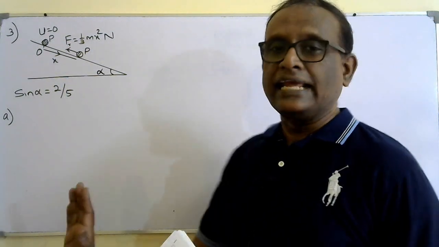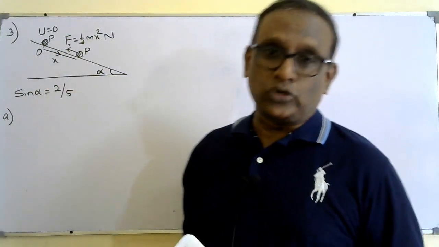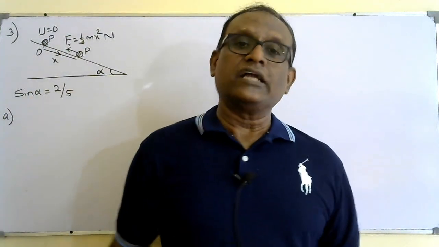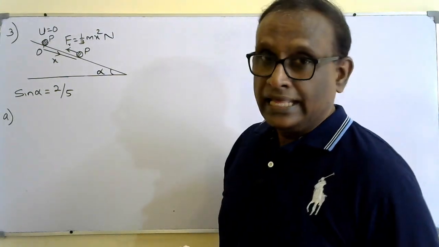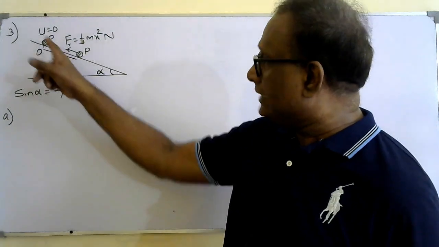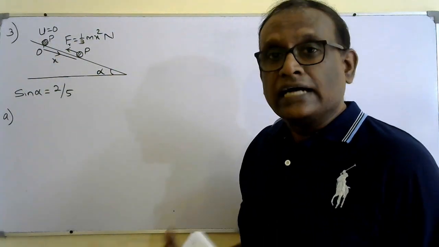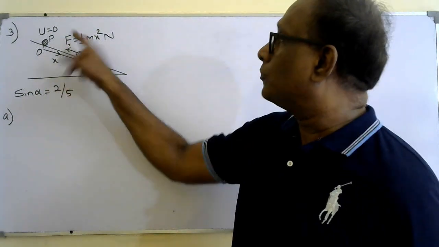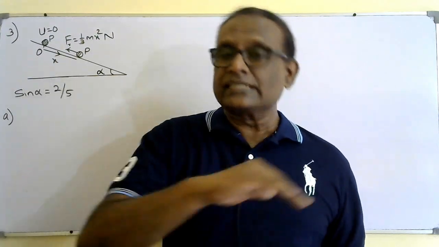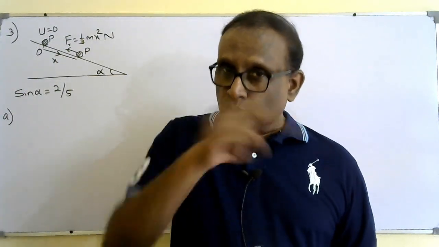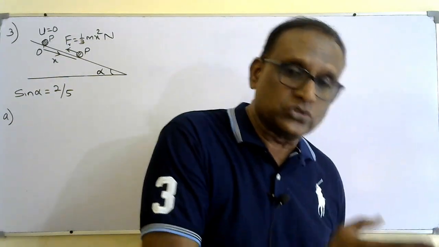So how can we relate the energy equations? Loss in gravitational potential energy, because it's moving down. So loss in gravitational potential energy is equal to gain in kinetic energy, because speed is going to increase, plus work done against the opposing force. So when it is losing the gravitational potential energy, the loss in GPE is converted into two other forms.